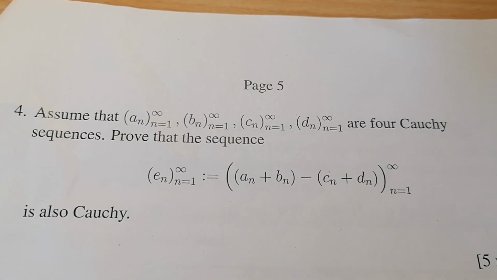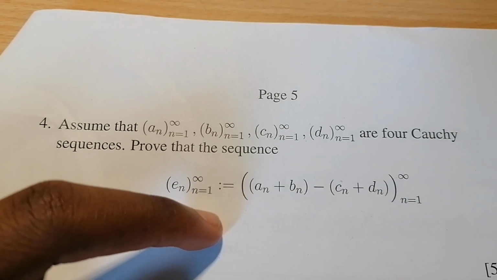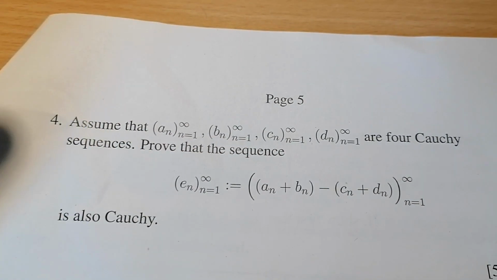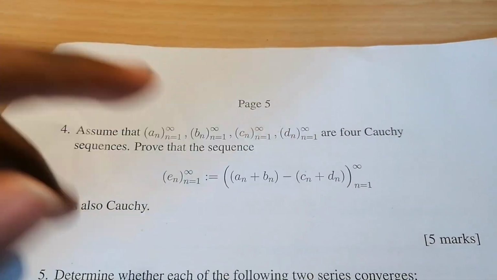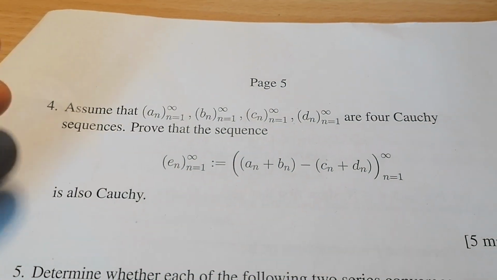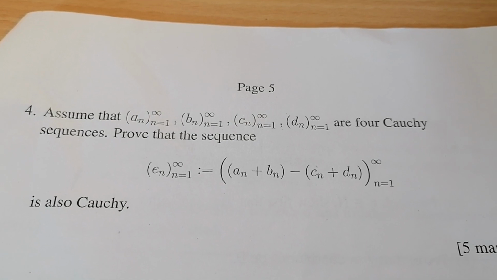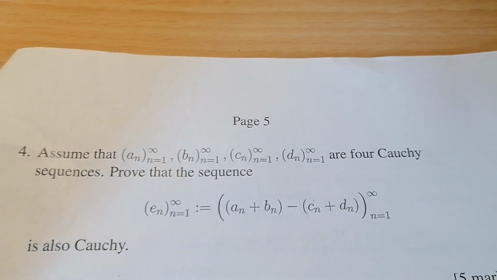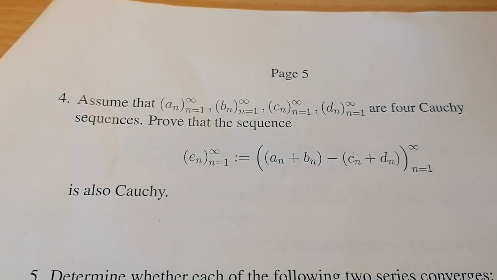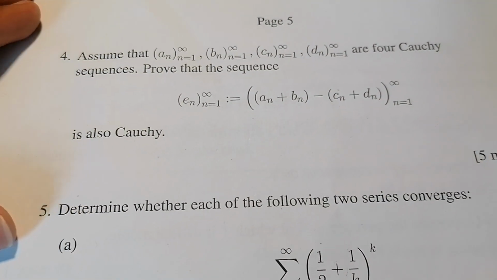But it was the same kind of principle. You just say that the sum of two Cauchy sequences is also Cauchy, therefore AN plus BN and CN plus DN is also Cauchy. Then you say that the difference between two Cauchy sequences is also a Cauchy sequence, therefore AN plus BN minus CN plus DN is also a Cauchy sequence, therefore EN is Cauchy.